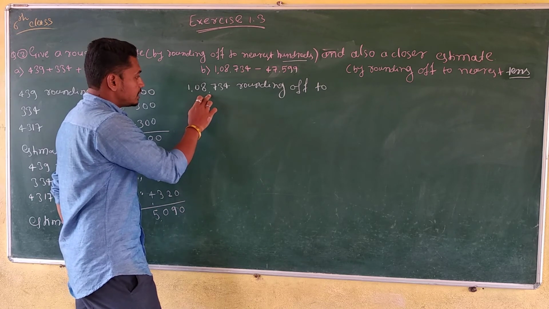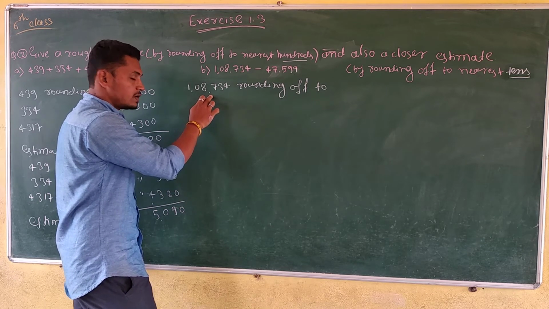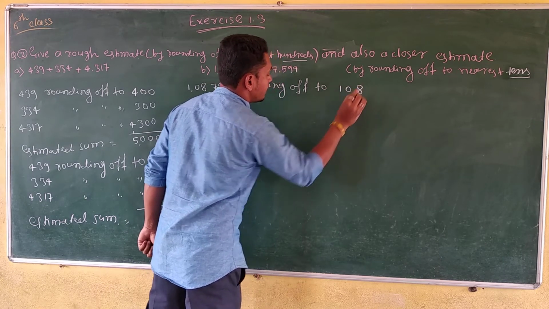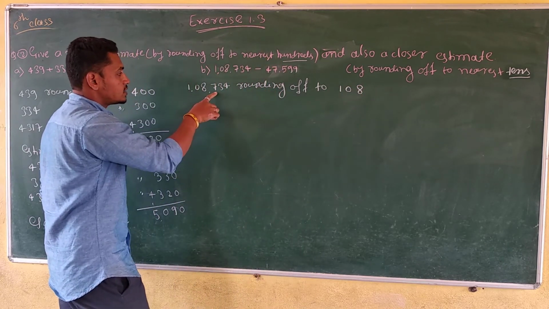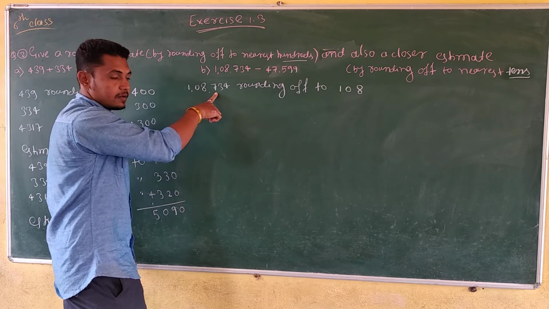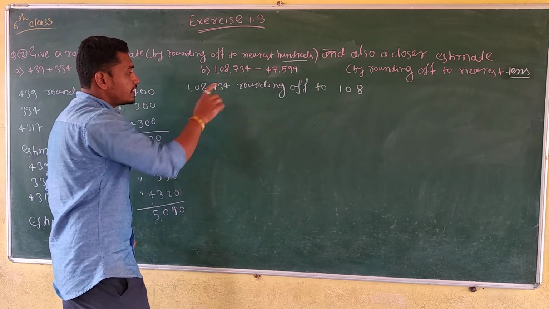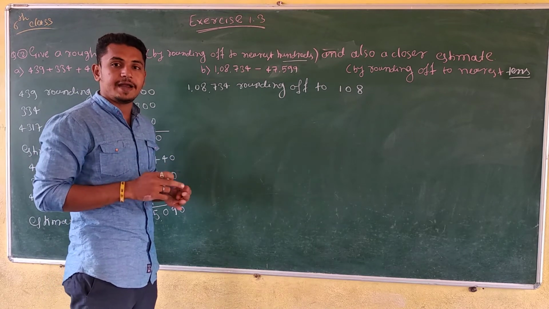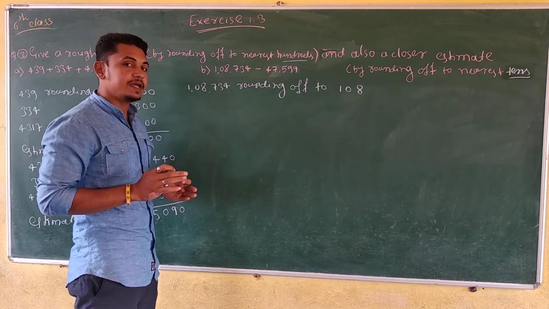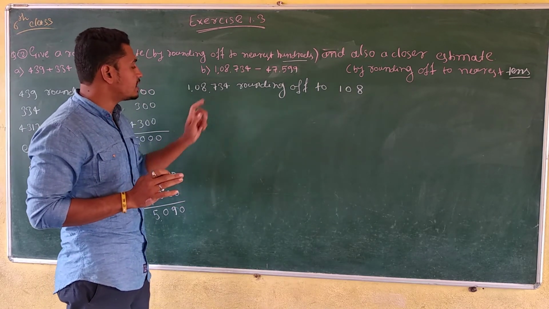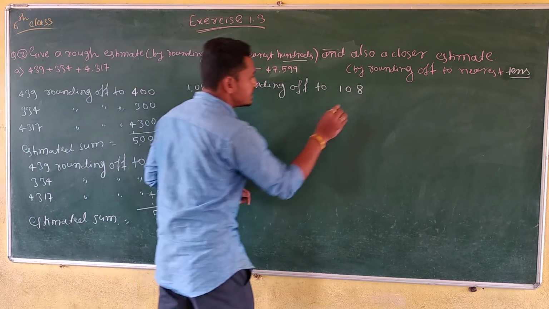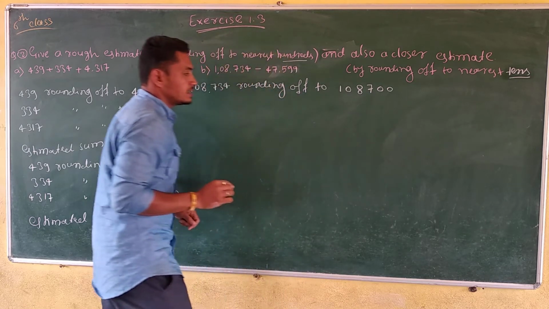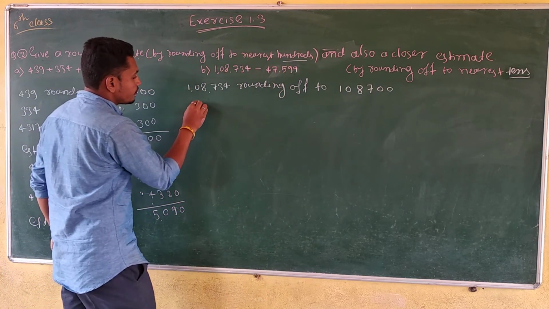So first till the 1,000s place you write as it is, 108. Now 7 is the 100s place. See here, now 34. 34 is nearest to 0 or 100? Yes, 34 is nearest to 0. So that's why the 100s place value is written as it is, and the remaining 2 places will be 0. Is it right? Next, see here.